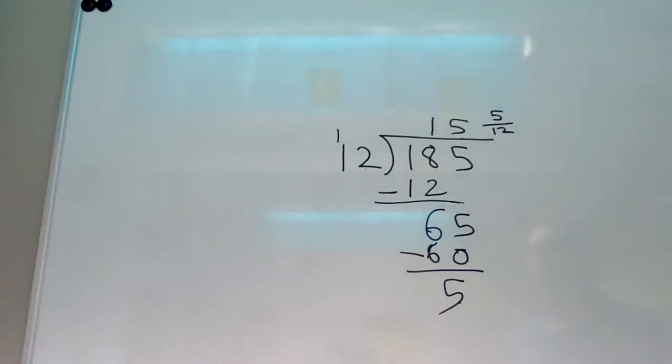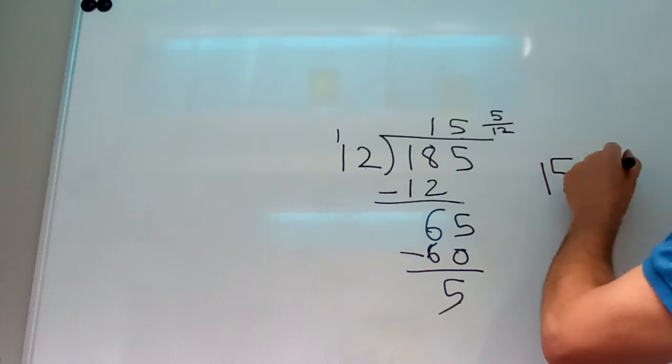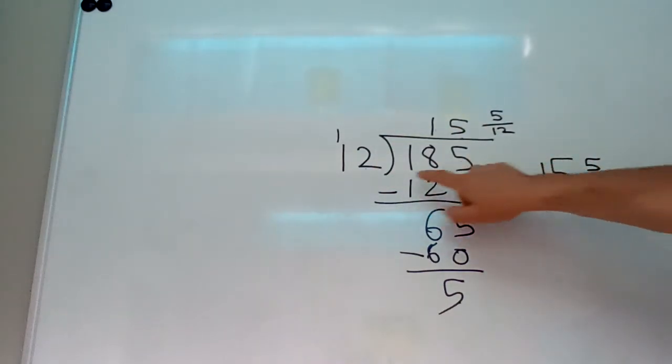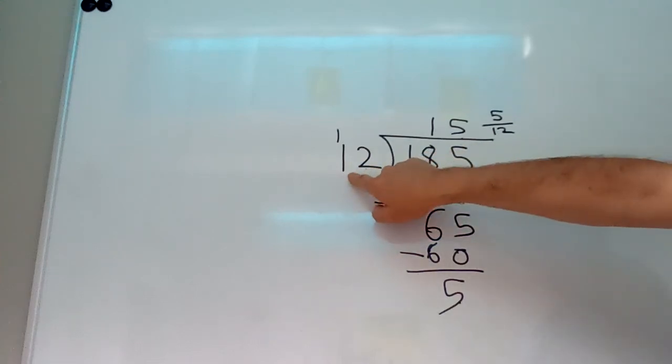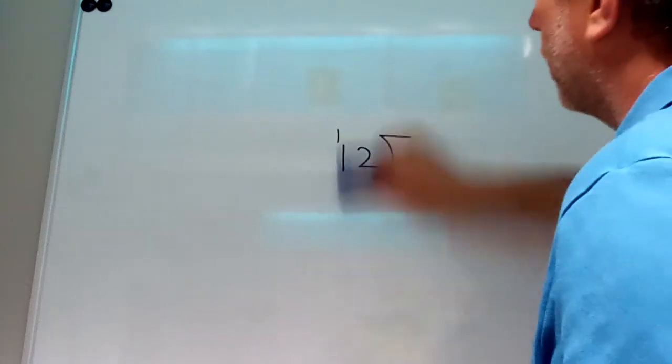So the answer to this problem would actually be 15 and 5/12. Instead of saying a remainder of 5, you take your remainder and put it over the divisor, and then you just have a number. The exact answer to this problem, 185 divided by 12, is 15 and 5/12.